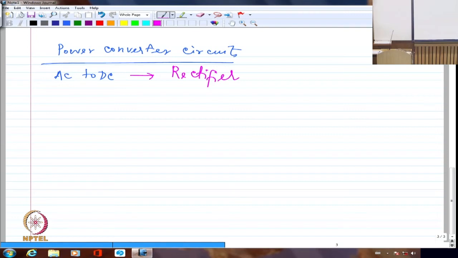Right? When I convert AC to DC, normally we will call that as a rectifier circuit. Right? I may have DC to DC, which normally are known as DC to DC converters in most of the cases, but some people call it as choppers. They chop the voltage and then convert it into another value of DC.